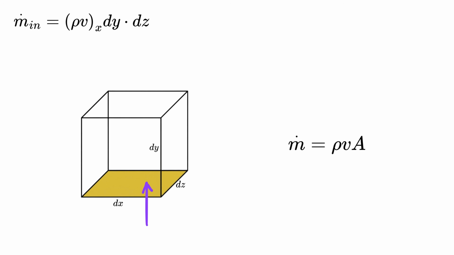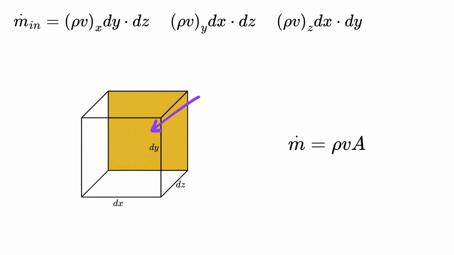Similarly, fluid also enters from the bottom face in the y direction, whose contribution will be density multiplied by velocity in y direction multiplied by dx multiplied by dz, and fluid also enters from the back face in the z direction, whose contribution will be this. So, the net rate of mass flowing into the box is the sum of all these three contributions.